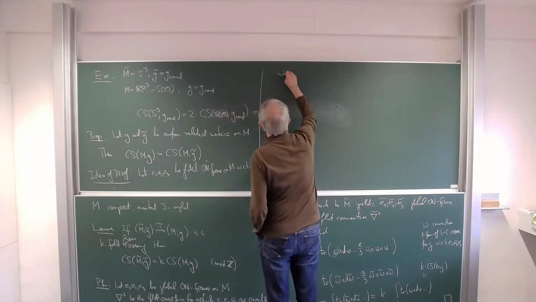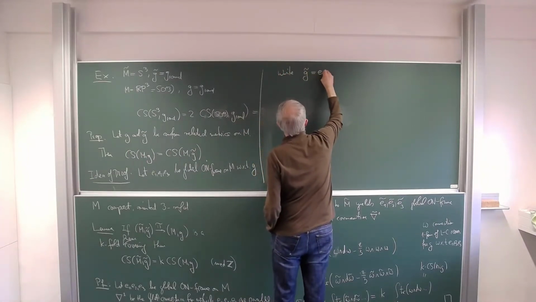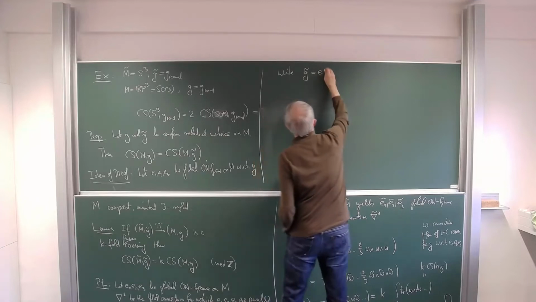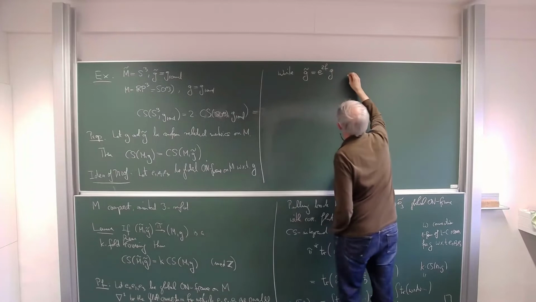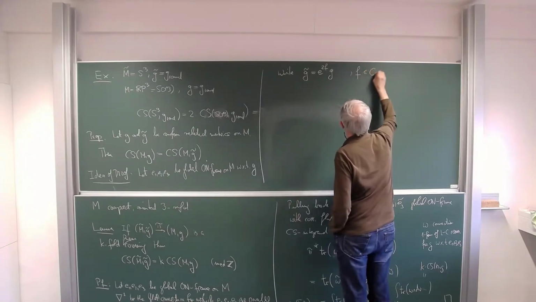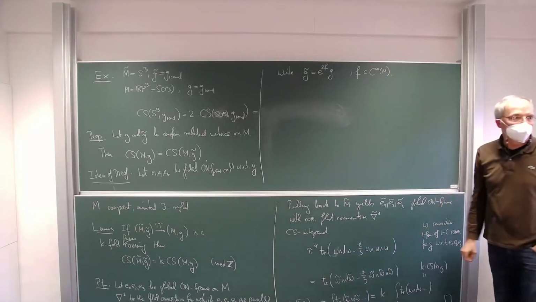So let me write G tilde equal to e to the 2f times G, where f is some smooth function on M, and the function must be positive. So that's what it means to be conformally related.